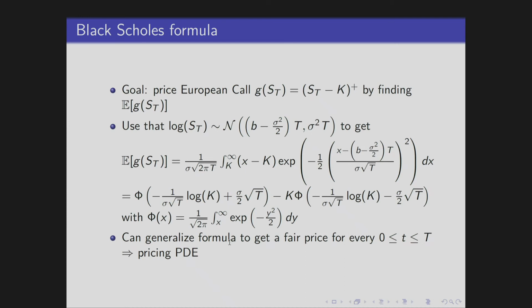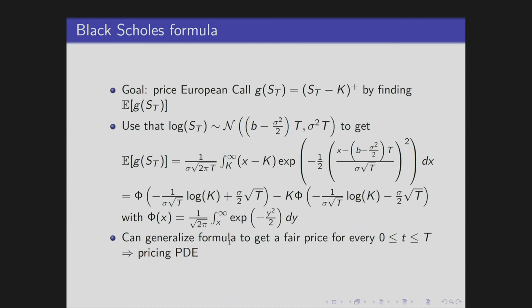And the whole thing can easily be resolved into this formula here, which is a closed form formula for the price of the option. And Phi is simply the Gaussian distribution function, which you can see quite commonly in probability theory. Then you get this formula for the price of a call option.